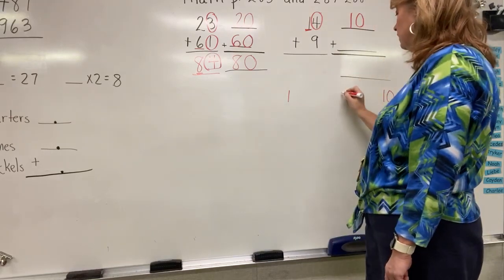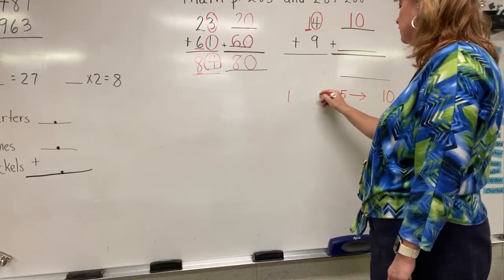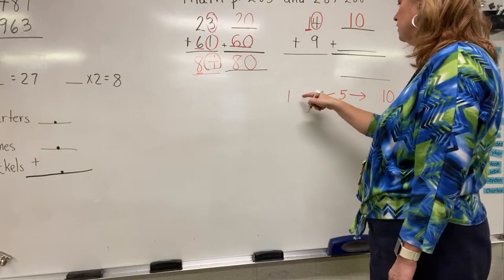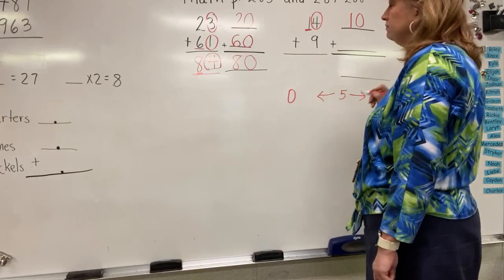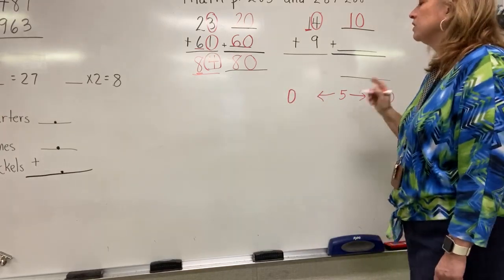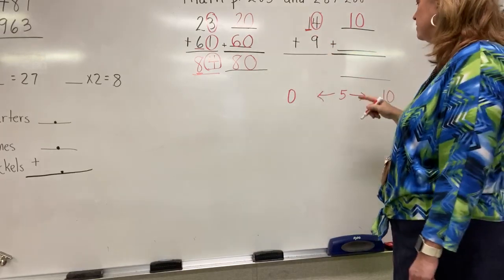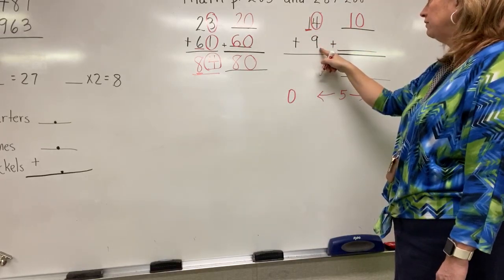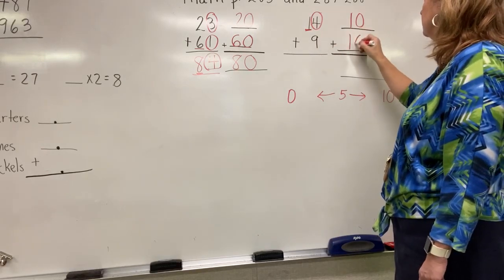So we have a 9. If it's greater than 5, it's rounded to 10. If it's not, it would be rounded to 0. Because remember, any number that's rounded has the 0 in the ones. Is it greater than 5? Yes. So we round it to a 10.